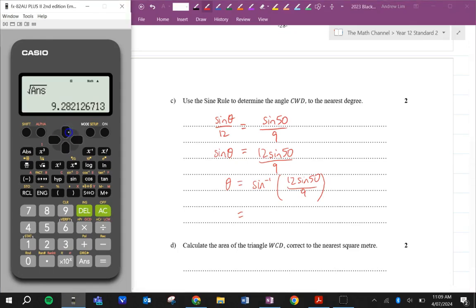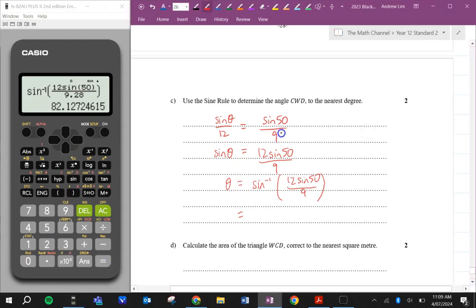Let's go back up and try inverse sine again. Okay, so we do need the 9.28. To the nearest degree, 82 degrees.